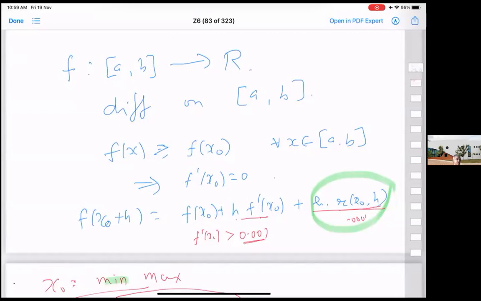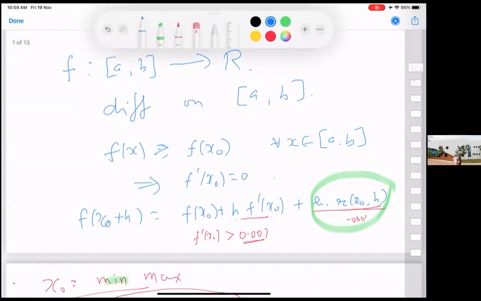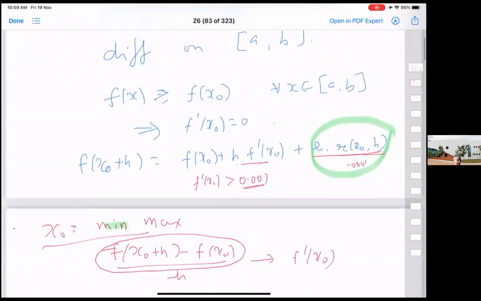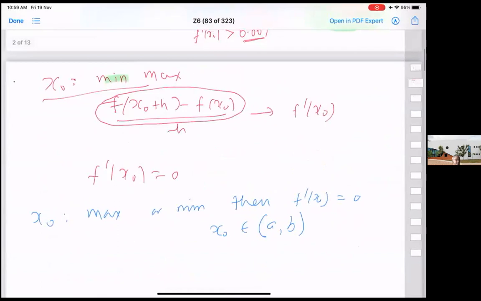And that could be used to prove maxima, minima. And then we came to this, which we had seen earlier: just from the definition of the derivative, we can argue that at a minimum or at a maximum, the derivative must be 0.